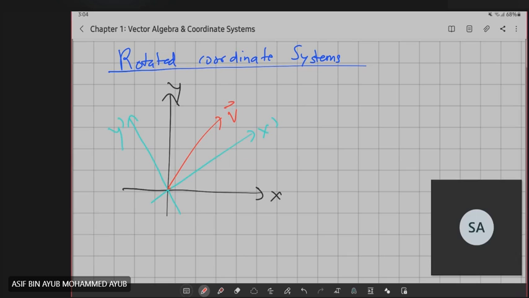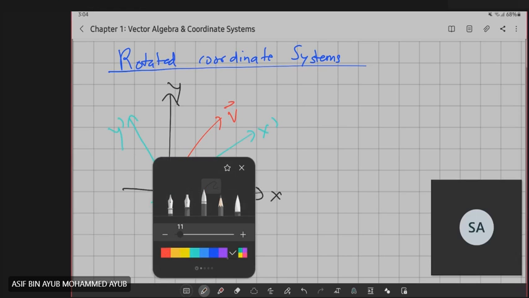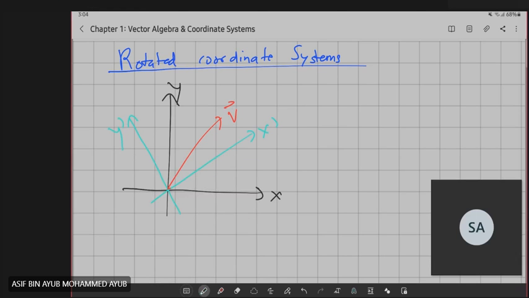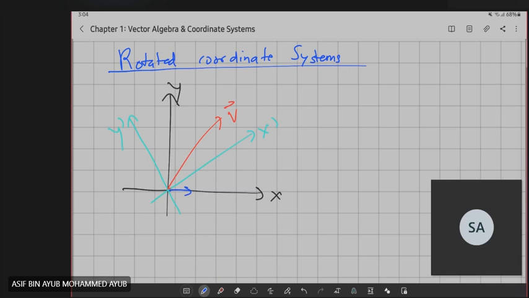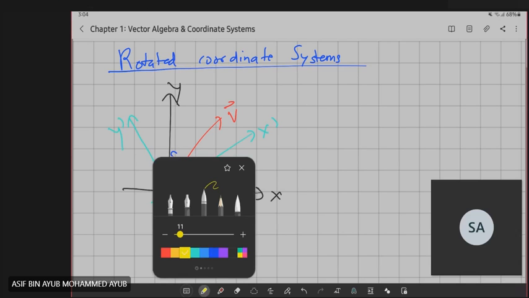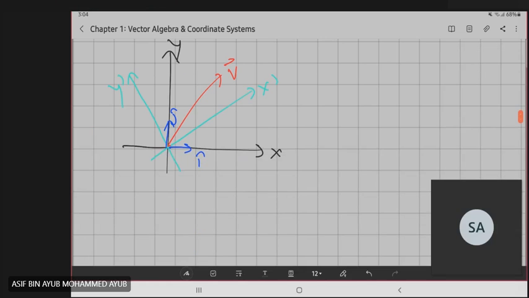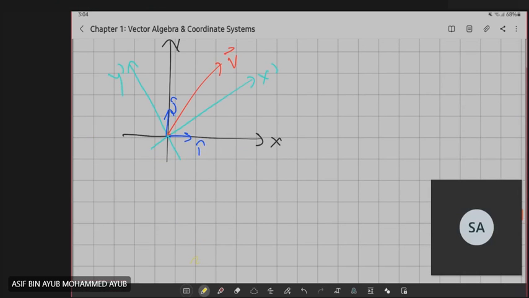Now, let's talk about the basis here. For the unprimed coordinates, you have i and j. For the primed coordinates, you'll have i prime and j prime, along the x prime and y prime axes.